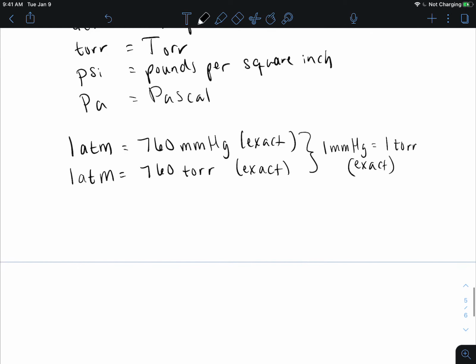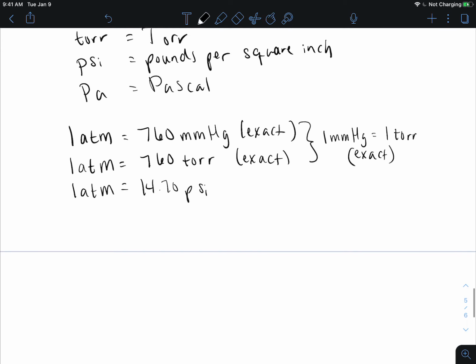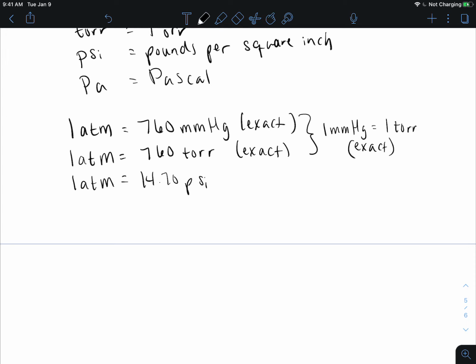So infinite sig figs, remember. Then we could look at PSI. So 1 atmosphere is equal to 14.70 PSI. Pounds per square inch is something you would look at when you're looking at tires and stuff like that. And then pascals, 1 atmosphere is going to be equal to 1.013 times 10 to the 5 pascals.